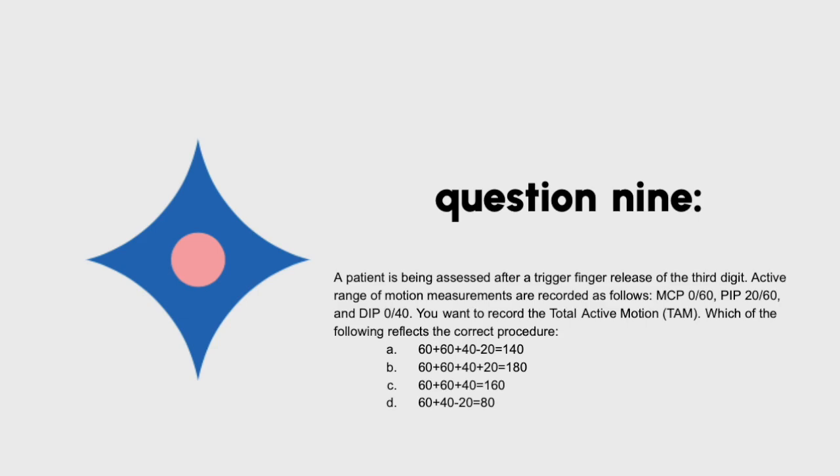A. 60 plus 60 plus 40 minus 20 equals 140. B. 60 plus 60 plus 40 plus 20 equals 180. C. 60 plus 60 plus 40 equals 160. D. 60 plus 40 minus 20 equals 80.